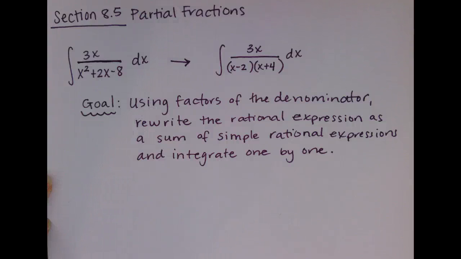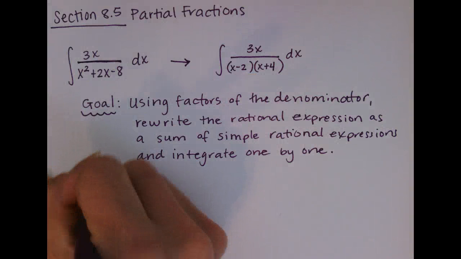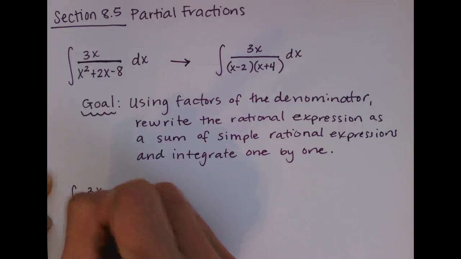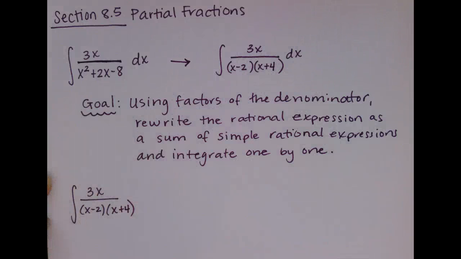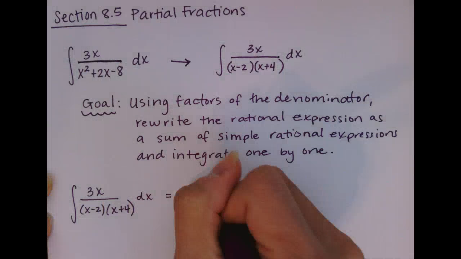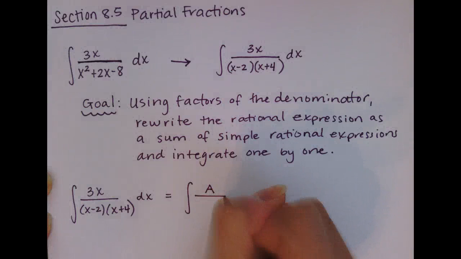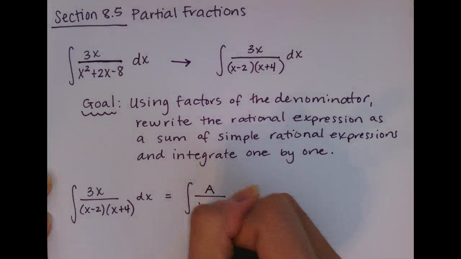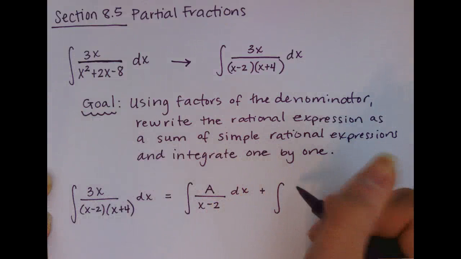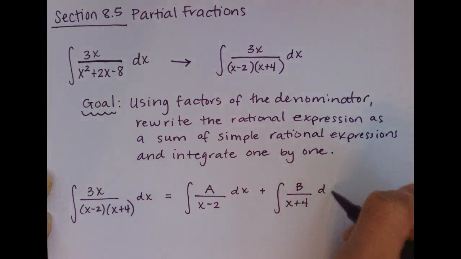So the idea here is to take something in this form, where we've got those factors in the denominator, and to rewrite it as some expression A over x minus 2 plus some other expression B over x plus 4.